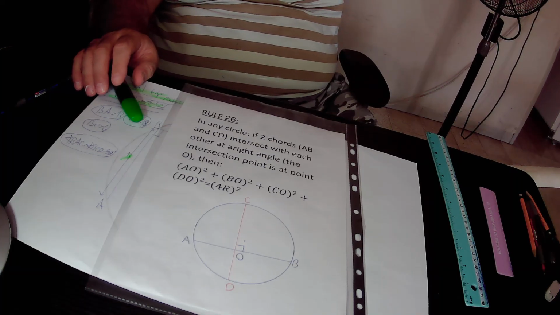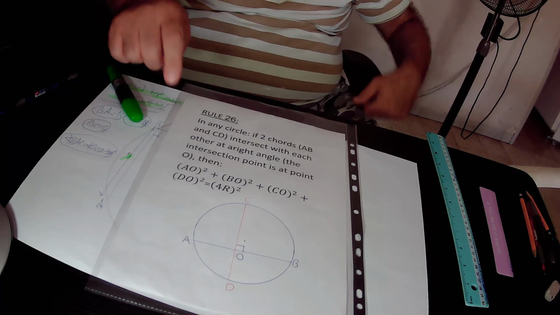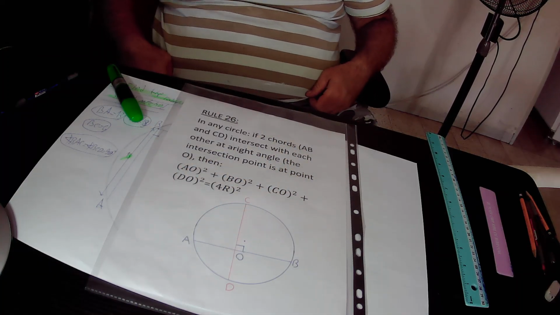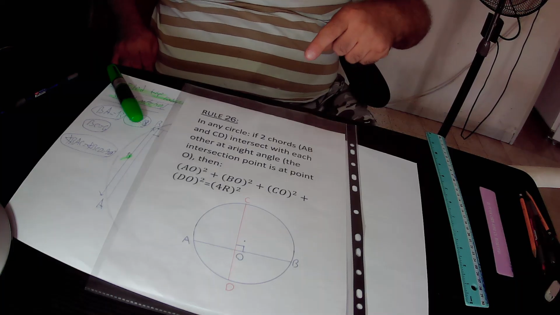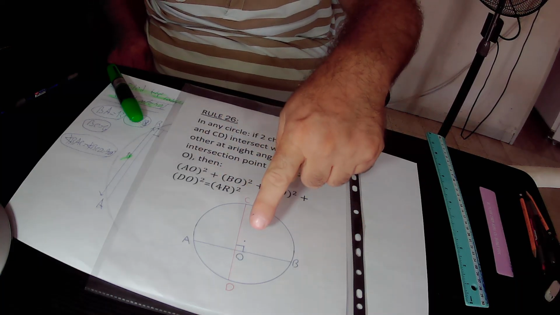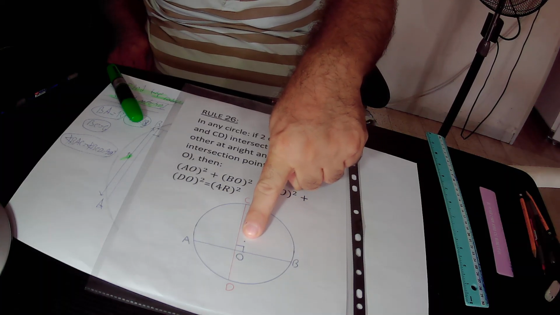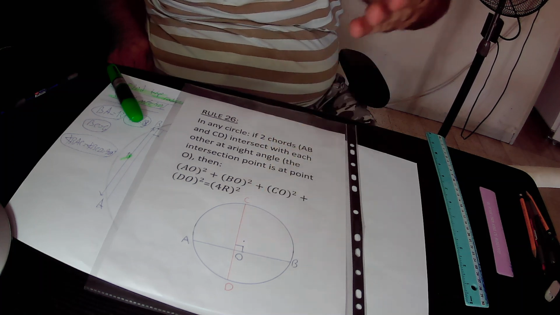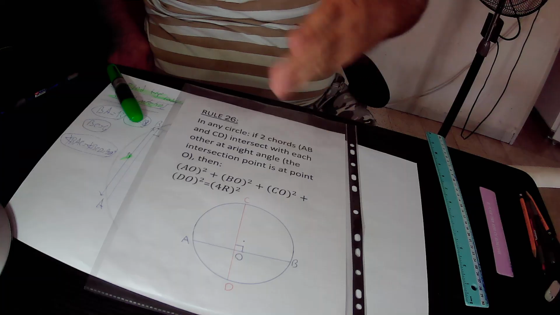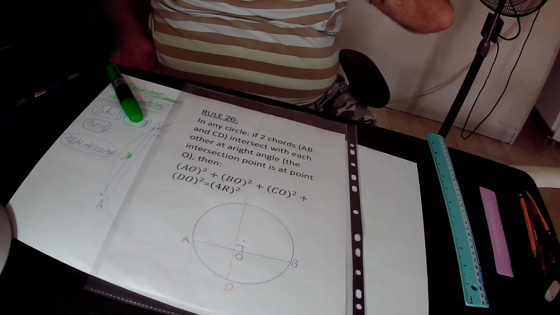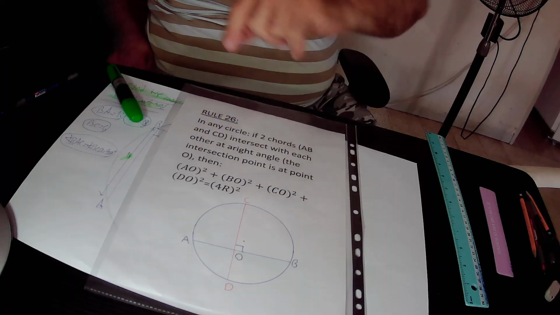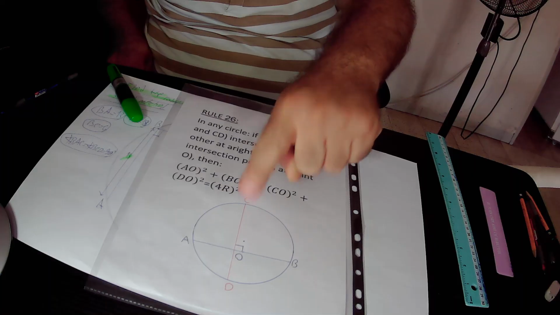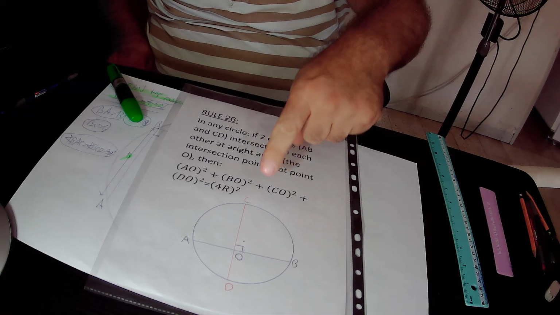In any circle, if two chords, chord AB and chord CD, intersect with each other at a right angle, at 90 degrees, at their intersection point O, then the following equation is true: AO squared plus OB squared plus CO squared plus OD squared equals 4R squared, and R is the radius of this circle.